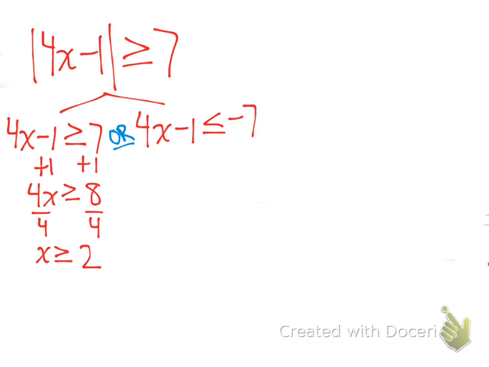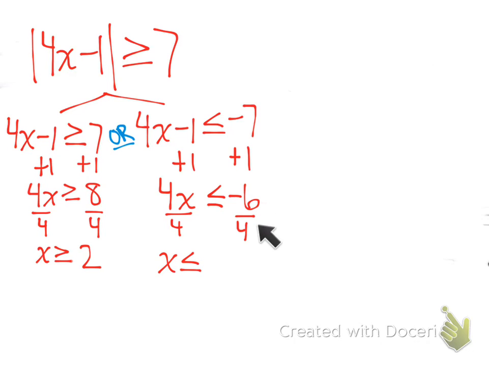All right, to solve the other one, we follow the same steps, but we're working with a different number. So 4x is less than or equal to -6. Then we divide by 4. We have x is, so we could keep it as -6/4.